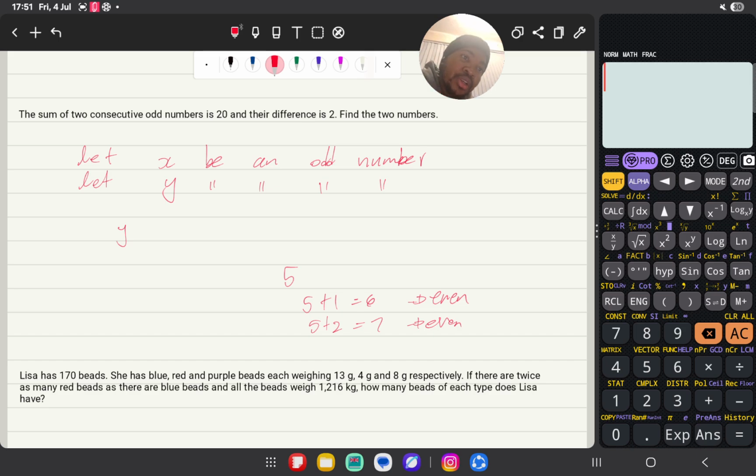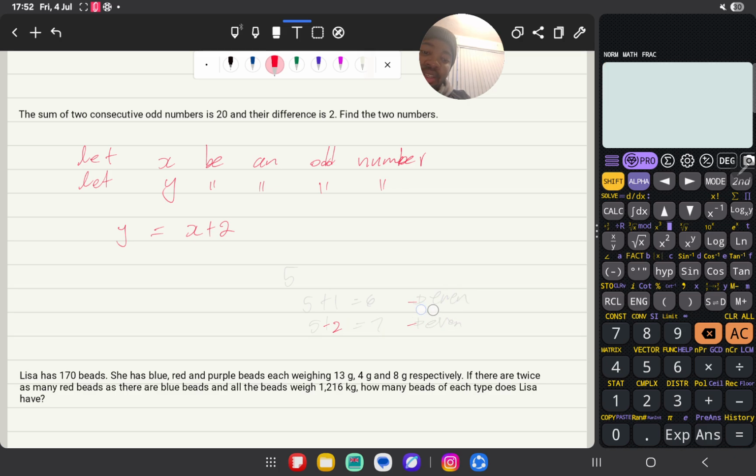This gives me the idea that y equals x plus 2, given that y comes after x. So x and y become consecutive odd numbers.